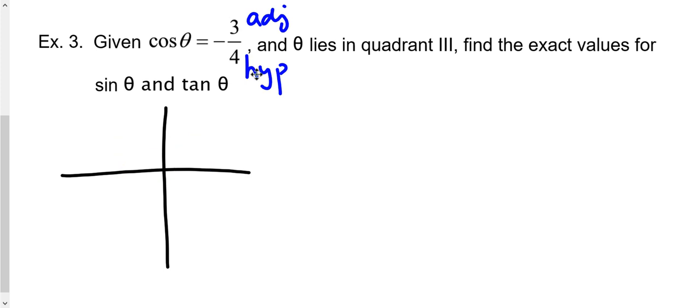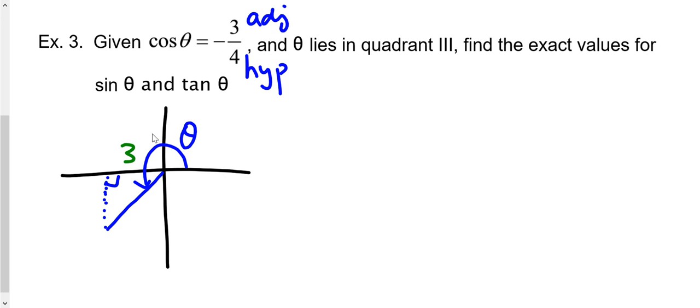So that means we can draw a triangle like this, in quadrant 3. This is angle theta. Our adjacent is 3.